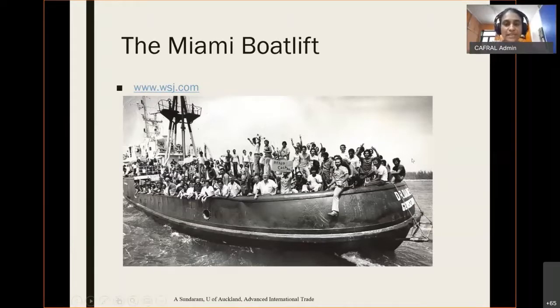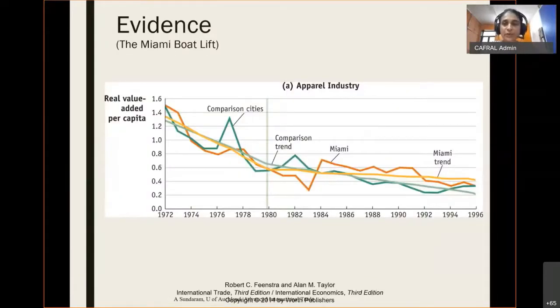So what does the evidence say? Let's look at what happened to apparel, which is unskilled labor intensive, in Miami. And let's compare what happened in Miami to other similar cities in the US. If you look at the comparison cities and Miami, here's when the boat lift happened, which is the green line.